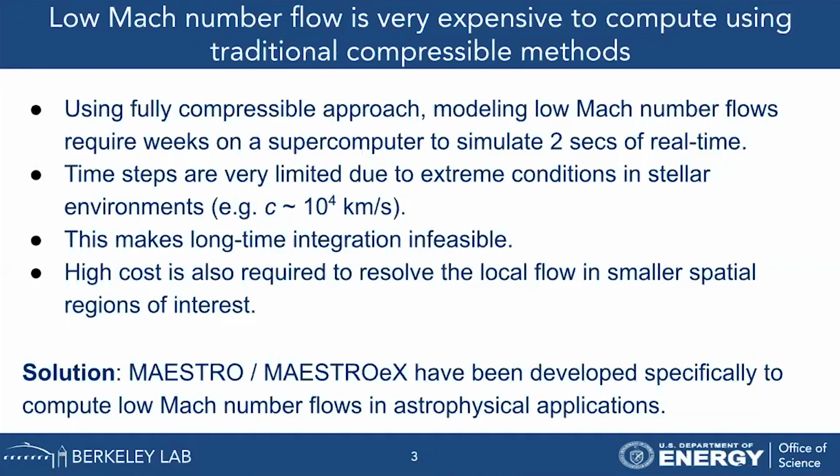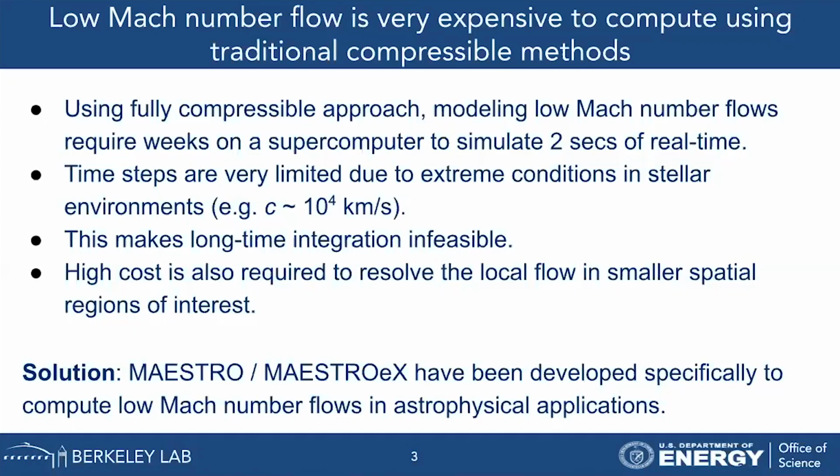So the first question we ask is why can't we just use traditional compressible methods to model low Mach number flows? And the reason for that is it's actually very expensive to use fully compressible methods. It would take a really long time to only simulate a couple of seconds of real time. This is because the time steps are very limited due to the very high speed of sound in space.